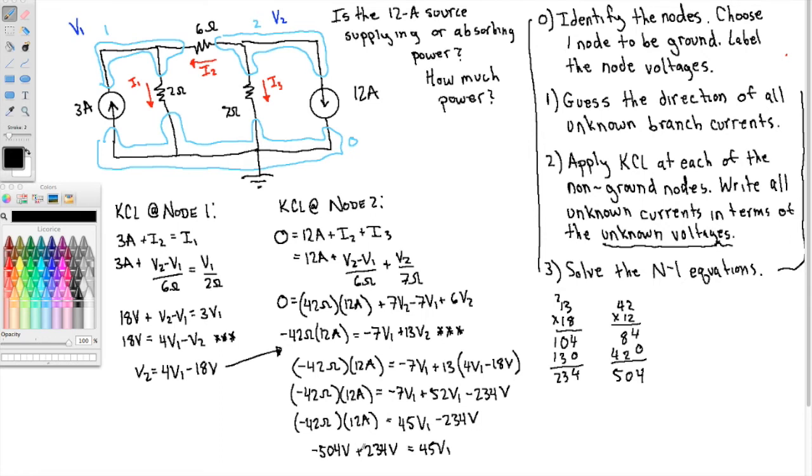Okay, so let me do this problem here. This is 234 minus 504. So it's 0, 3. Oh, excuse me, sorry. Let me back up. Let me erase that.